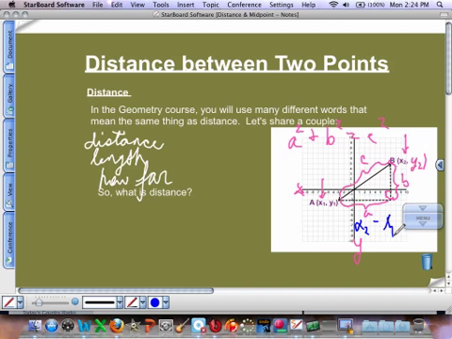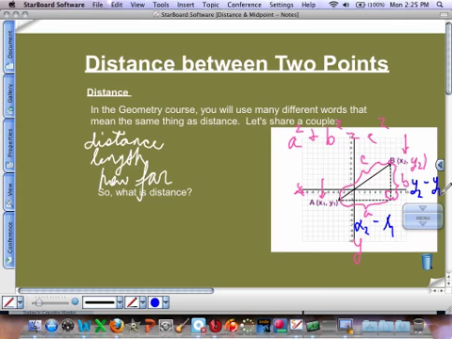Now use that same concept. How do I find the length of b? y2 minus y1. Are we getting this so far?